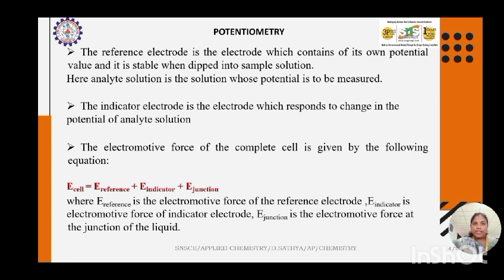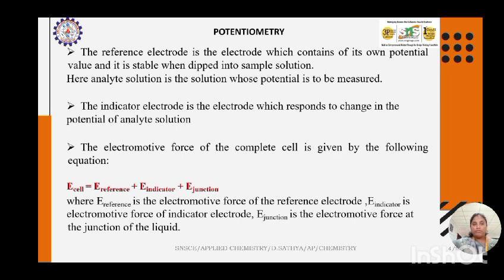In potentiometry, the reference electrode is the electrode which has its own potential value and is stable when dipped into the sample solution. Here the analyte solution is the solution whose potential is to be measured. The indicator electrode is the electrode which is responsible for changing the potential of the analyte solution.